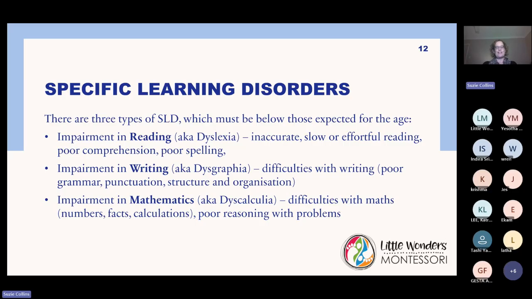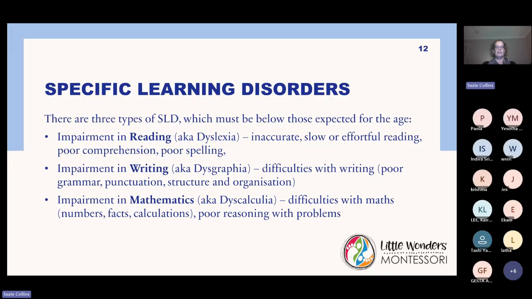As I mentioned before, I mentioned dyslexia, which is quite a common term used by many people, but it's actually an old term. Under the diagnosis label within the DSM, it's called an impairment in reading. Sometimes it looks like inaccurate, slow, or effortful reading. There might be some poor comprehension and perhaps some poor spelling.